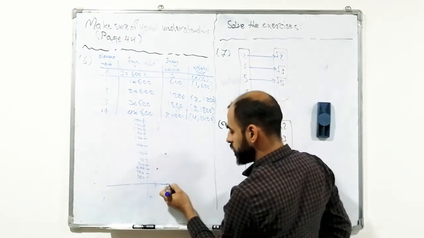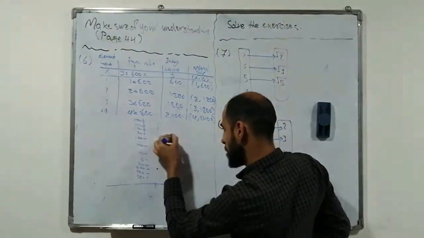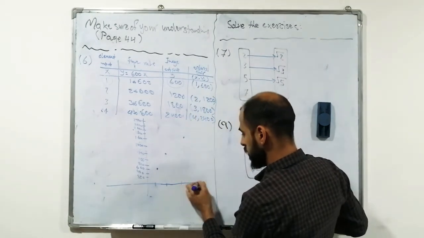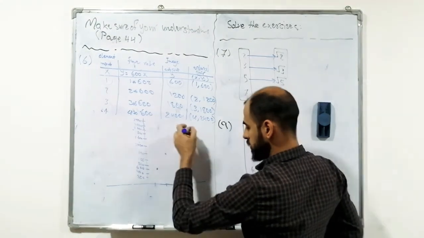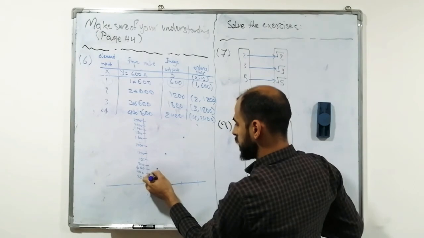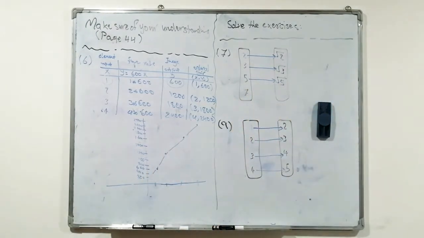And the 3 with 1800. Here is the value of the ordered pair 4 with 2400. Then connect the points by making a line between them.